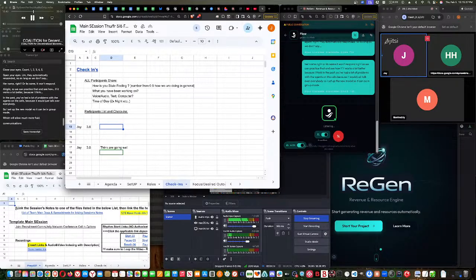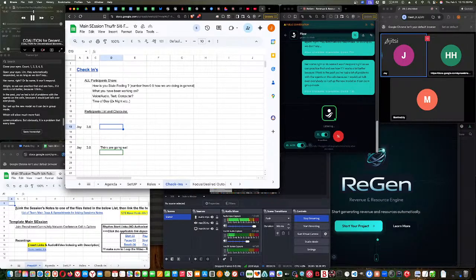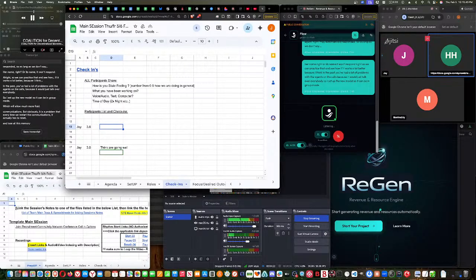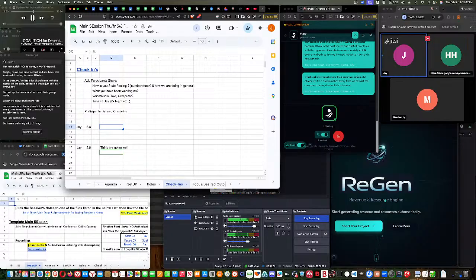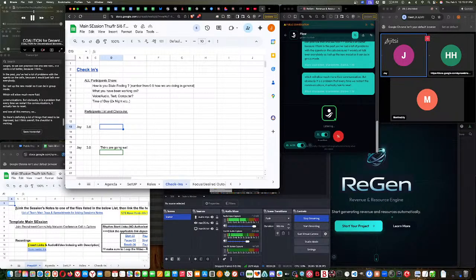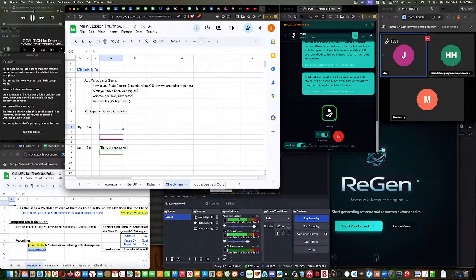But obviously it is a problem that every time we restart the communications, it actually has to reset and lose all its memory. So there's definitely a lot of things that need to be improved, but I think overall the checklist is working. It's able to know what's going on more or less. So that's all very, very cool.